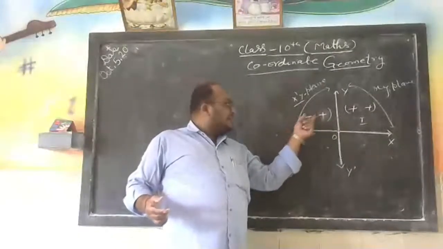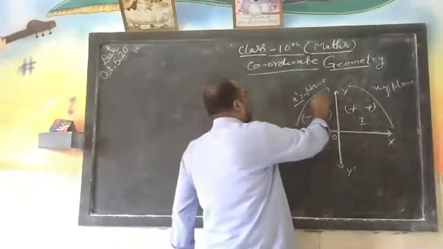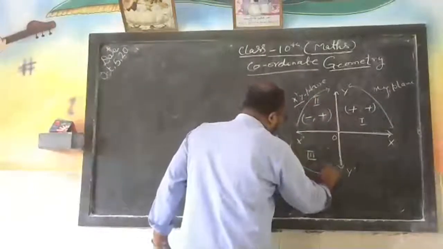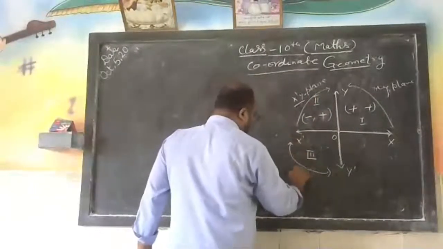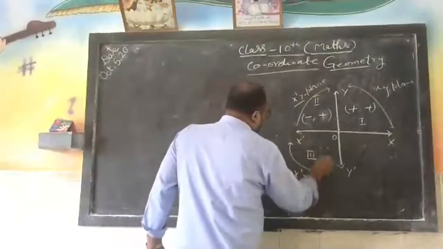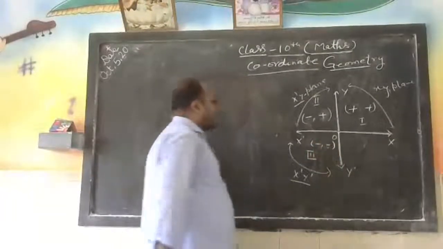The x coordinate will be negative and the y coordinate will be positive. It is also known as the second quadrant, and this is the third quadrant, and the name of this plane is the x dash y dash plane.